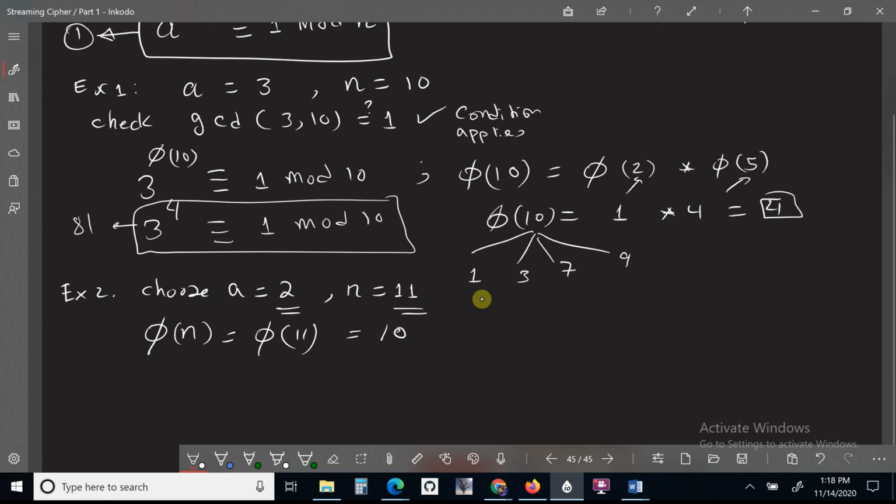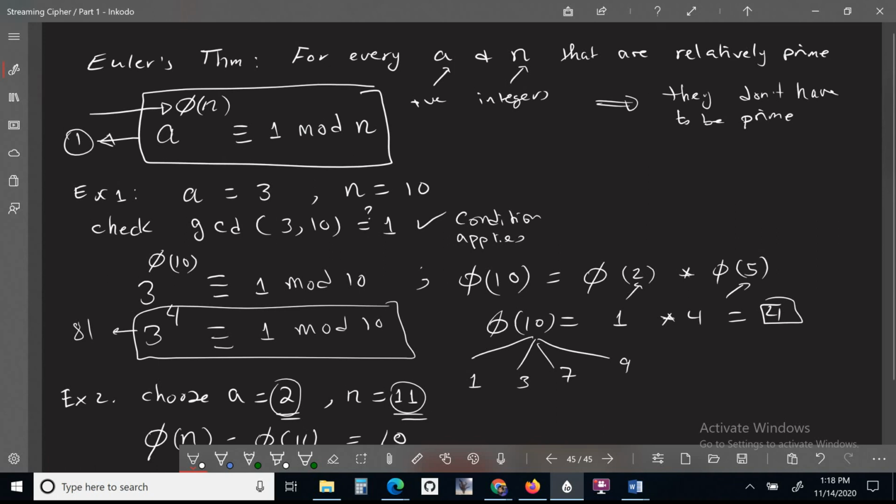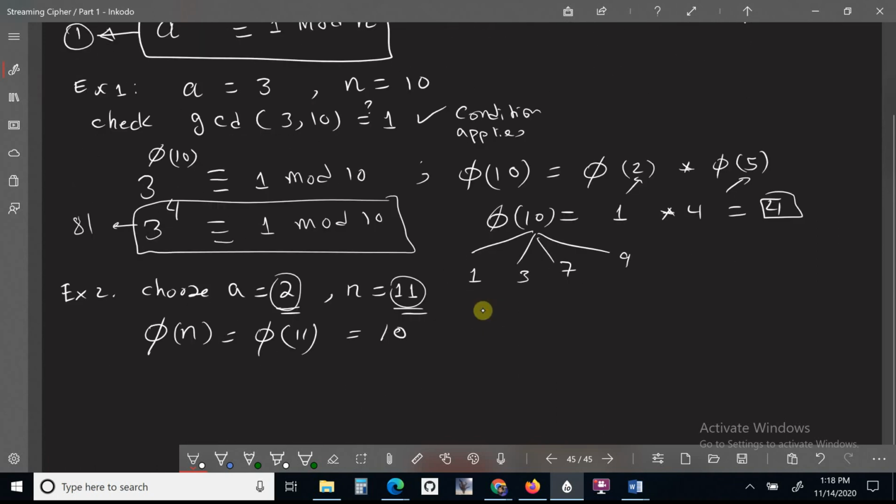So let's apply the formula. Again, 2 and 11 are relatively prime. So this is a condition, and the condition above applies: a and n are relatively prime. So we find the phi function, and then we can express it as a, which is 2, to the power phi function, which is 10, is equal to 1 mod n, which is 11.